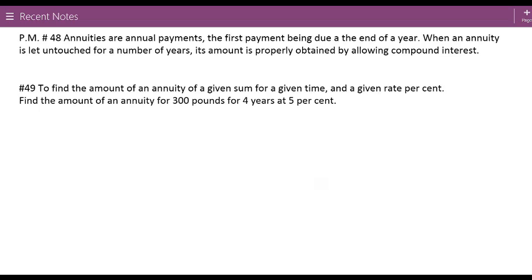To do this we're going to work with £1 so that we can figure out our compound interest, and then since we're actually using £300, we'll multiply by £300. In this annuity, each of the 4 years they're being paid the £300, but then they're also getting the compound interest.